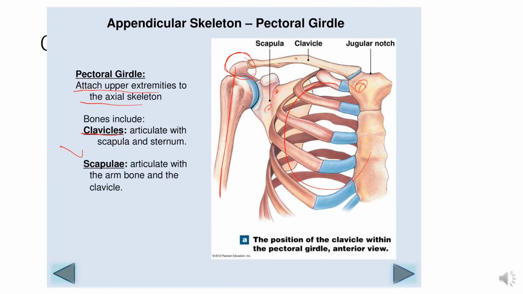Here you can see the acromioclavicular joint, the acromion of the scapula making a joint with the clavicle, and this is the bone of the arm, known as the humerus, making a joint with the scapula, the glenohumeral joint or the shoulder joint.